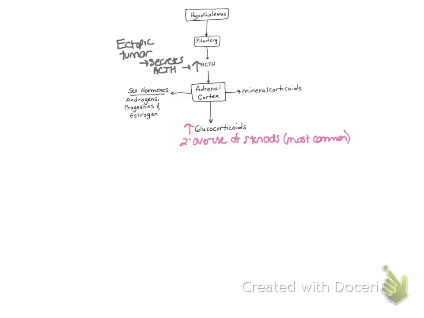That increase of ACTH activates the adrenal cortex to go ahead and increase sex hormones, increase melanocorticoids, and increase glucocorticoids. And this is what we truly see as Cushing's syndrome, this tumor that secretes the ACTH that activates all the adrenal cortex to increase all the different corticosteroids.